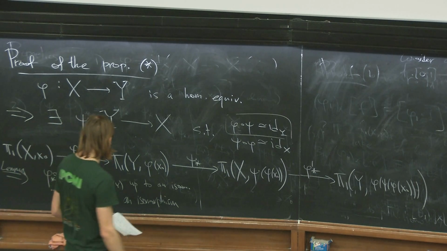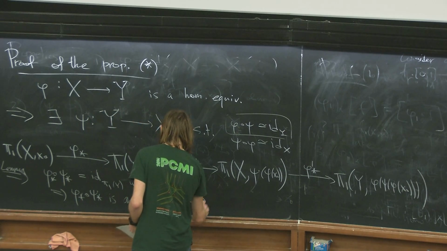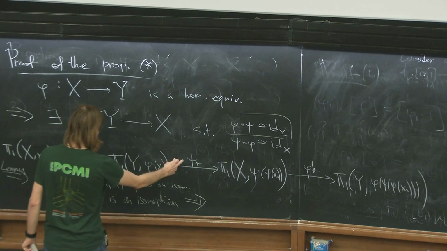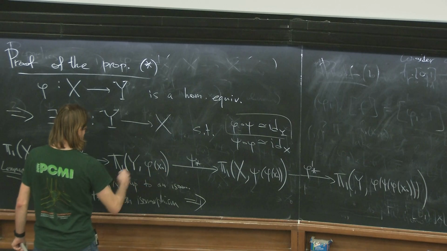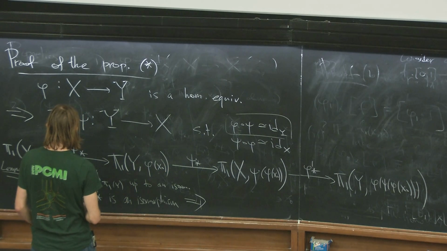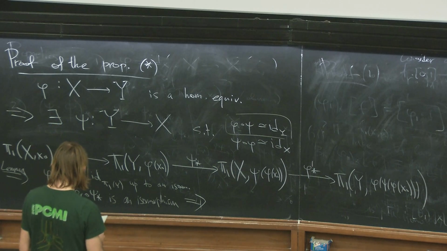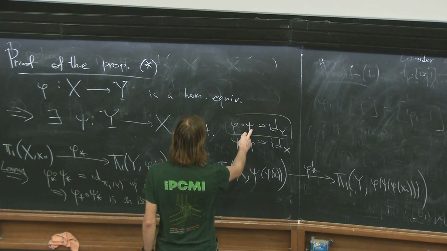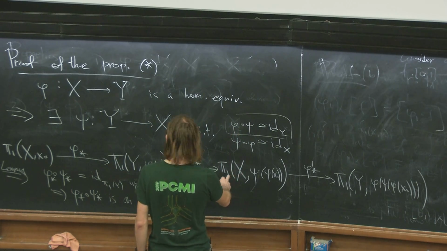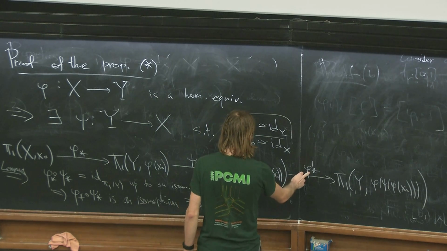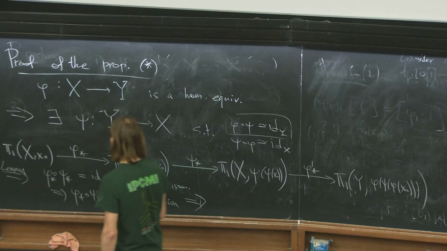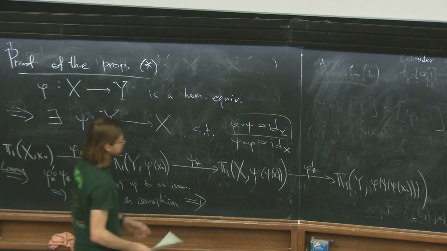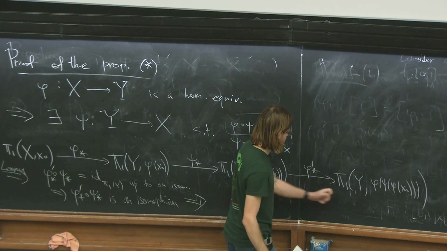And in particular, this means that, considering the composition, I actually want to consider this phi star, which acts between this and this.